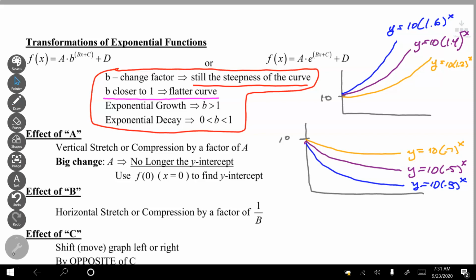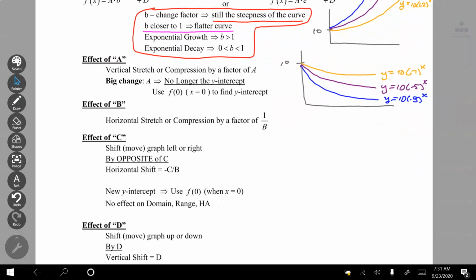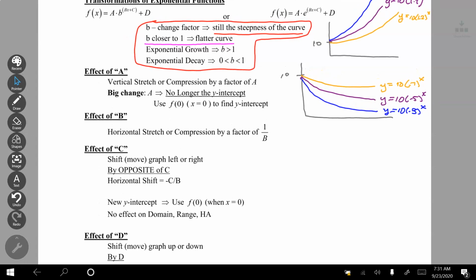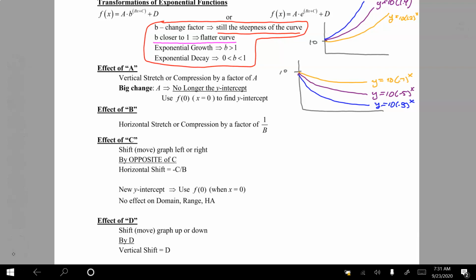As far as the other transformations go, the idea is A is just that initial value when we don't have any other transformations, but it does stretch or compress things.